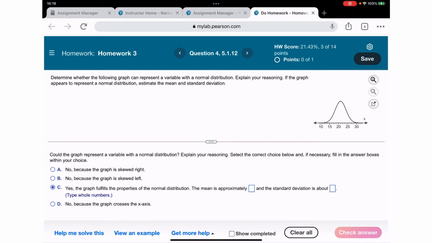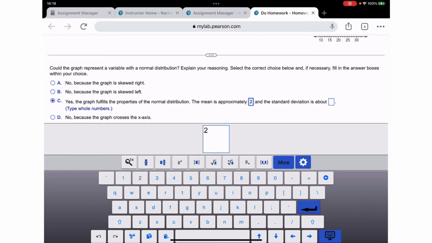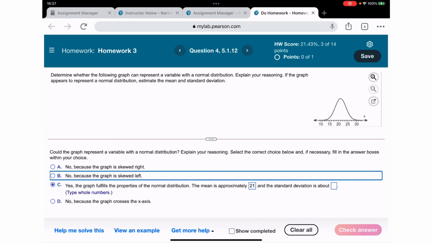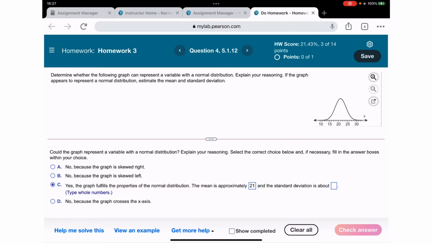We'll see. And the inflection point is about at 17.